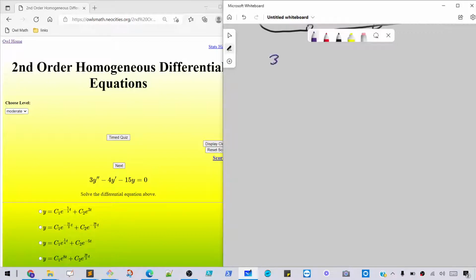Just to reiterate, we have y double prime plus 4y prime minus 15y equals 0. Like I mentioned before, we can go straight to the step of turning this into a quadratic.